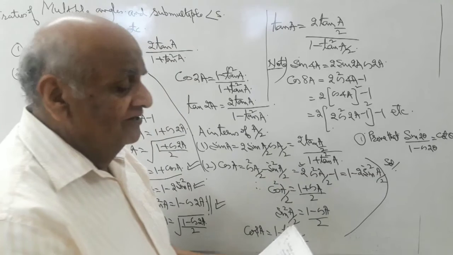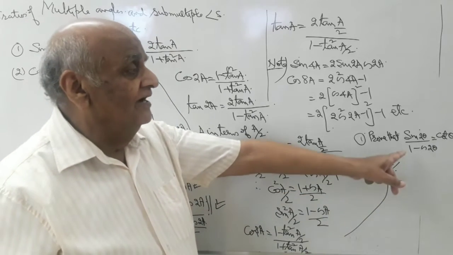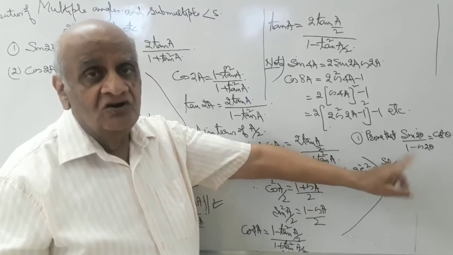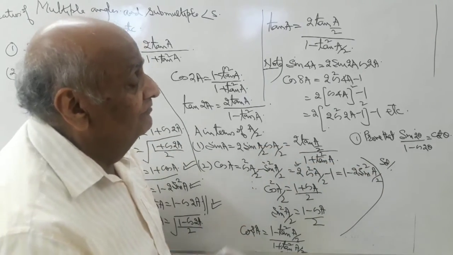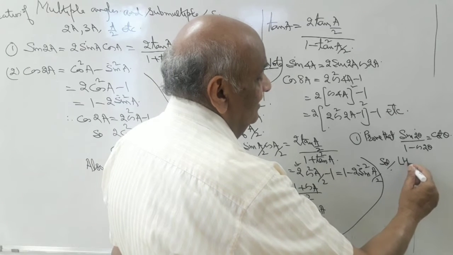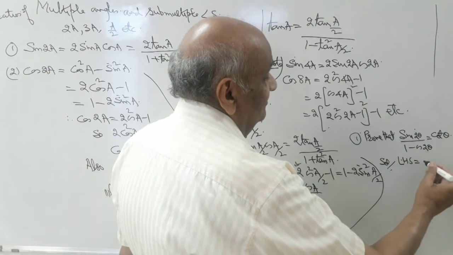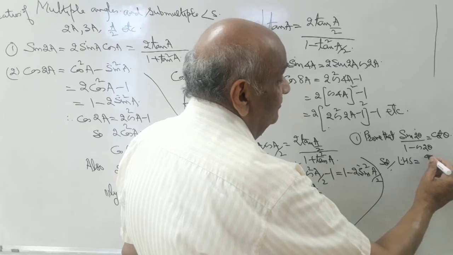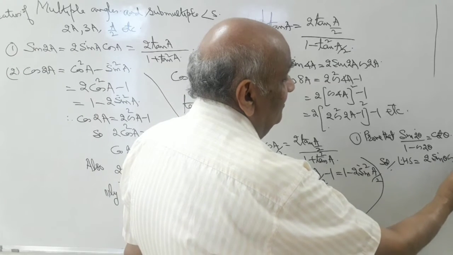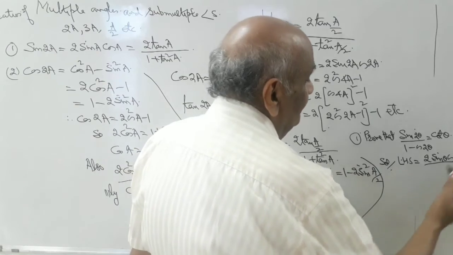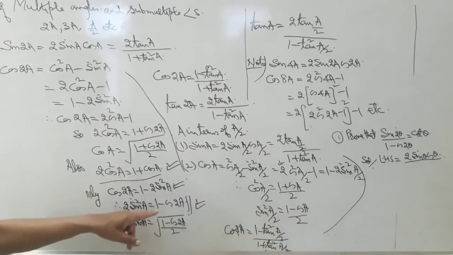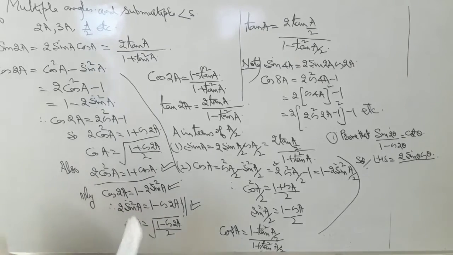The question, very basic: sin 2 theta over 1 minus cos 2 theta is cot theta. So we want the value in terms of theta. Take up the left hand side. It is sin 2 theta, 2 sin theta cos theta, upon, look here, the formula is 1 minus cos 2a is 2 sin square a.